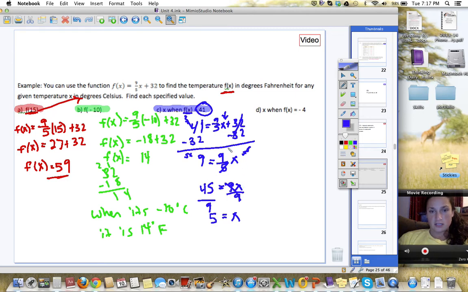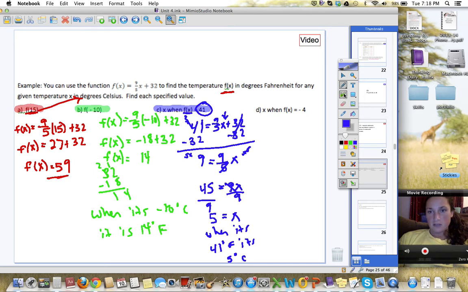You could have also seen here: 9/5 times what gives me 9? I need that 5 to cancel it out. So when it's 41 degrees Fahrenheit, it's 5 degrees Celsius. It's just switching it.